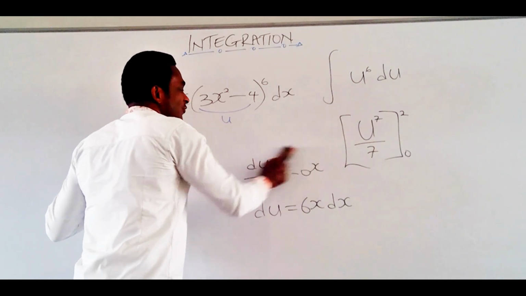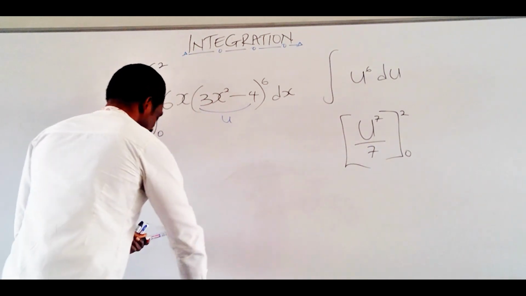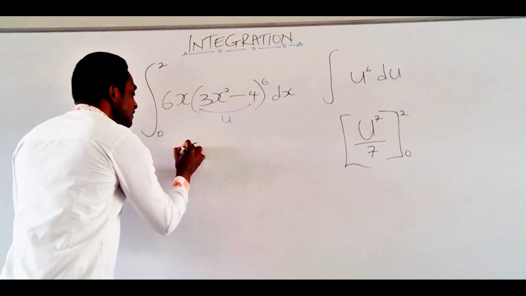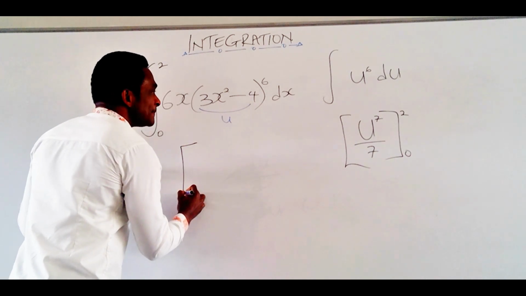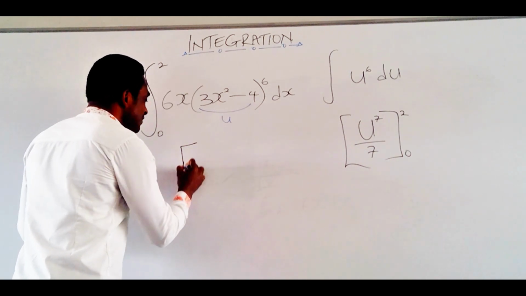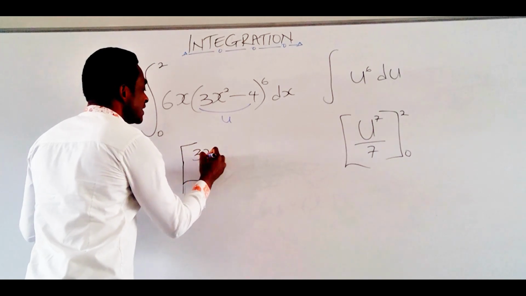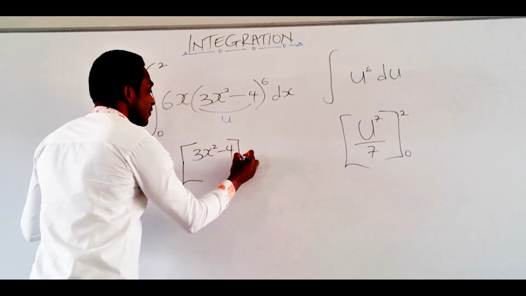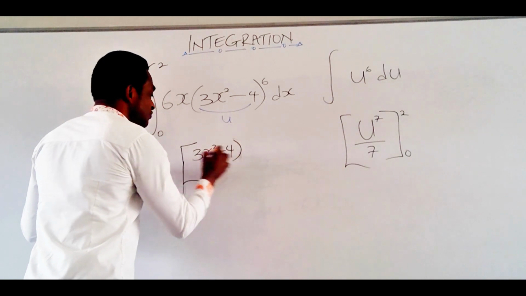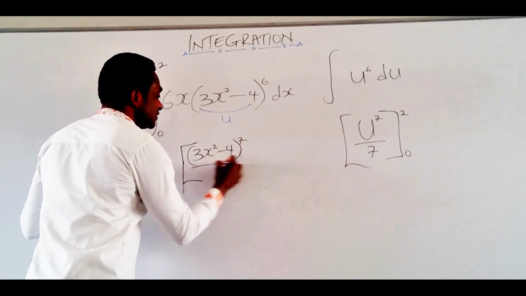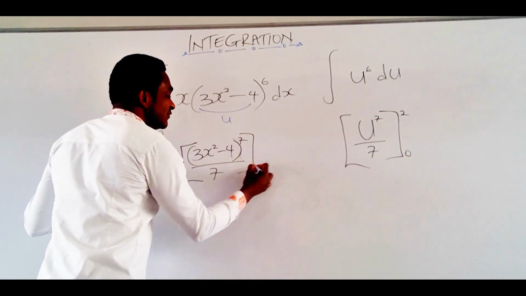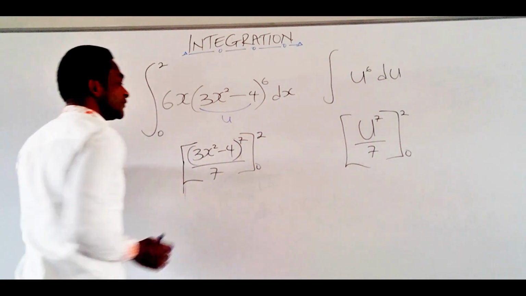Now let's go forward one more step. What this means is put back U. If I put back my U, it is 3x squared minus 4, all to the power of 7 divided by 7, for the interval of 0 to 2.